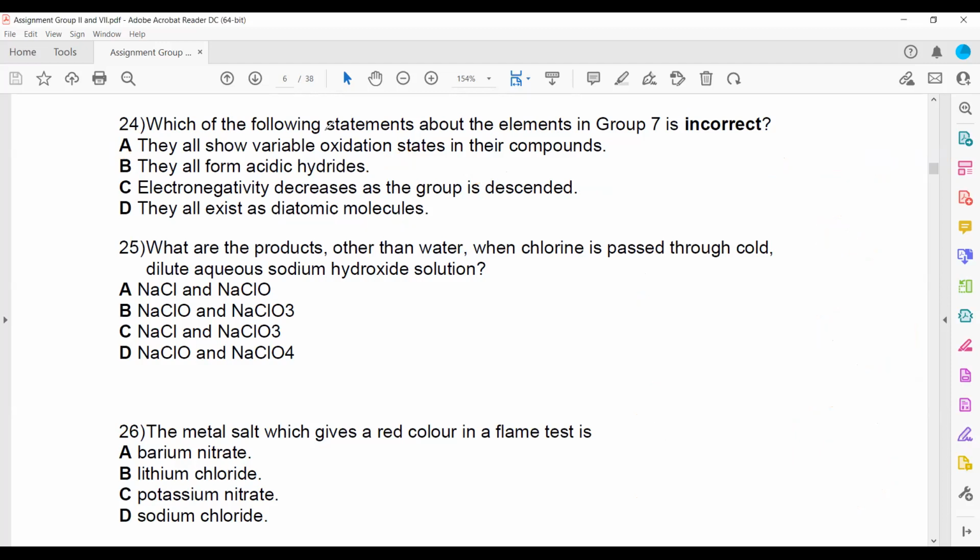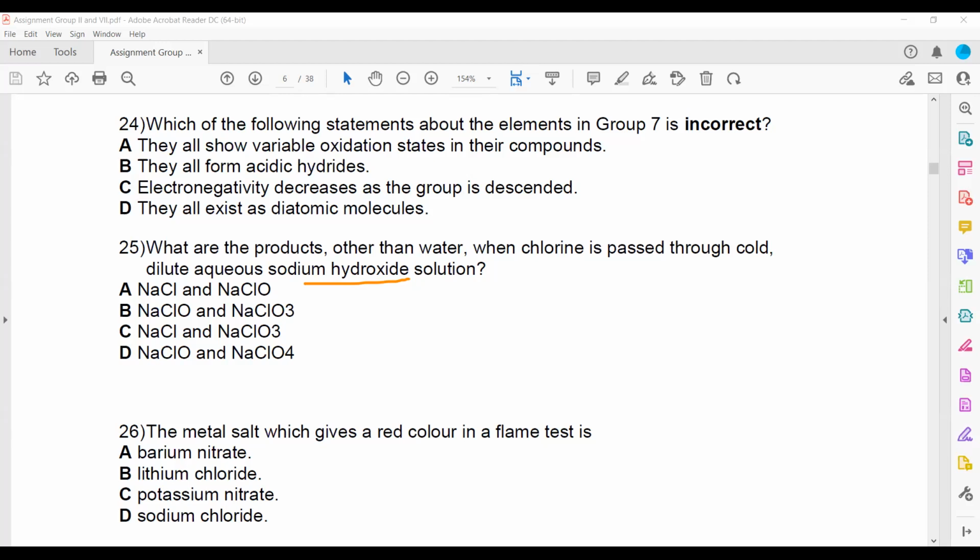The next one: what are the products other than water when chlorine is passed through cold dilute sodium hydroxide? You have to memorize this. As we discussed, the reactions of halogens with cold sodium hydroxide, NaOH, and with hot sodium hydroxide give different products.